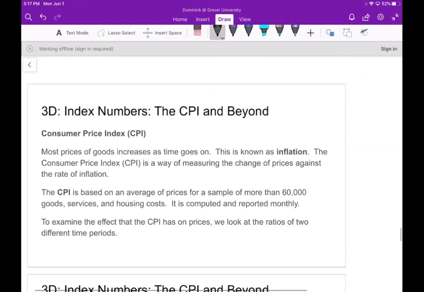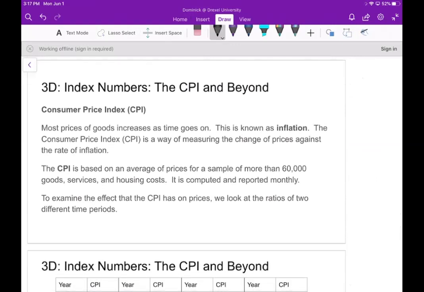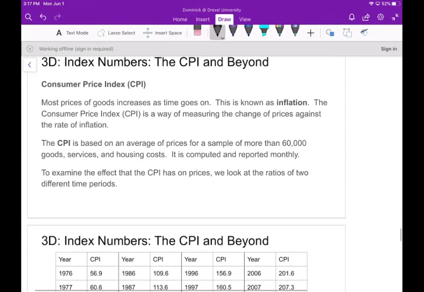Okay, now we're gonna talk about what's called the CPI, which is the Consumer Price Index. All right, and this will give us a nice sort of application of index numbers. Now, of course, most prices of goods increase as time goes on, and this process is known as inflation, right? So what the Consumer Price Index does is it allows us a way to measure the change of prices versus the rate of inflation, right?